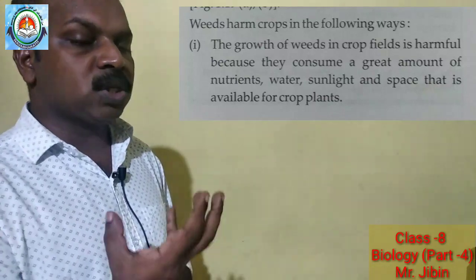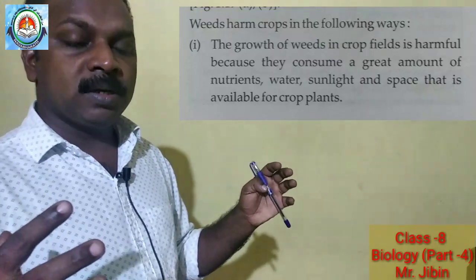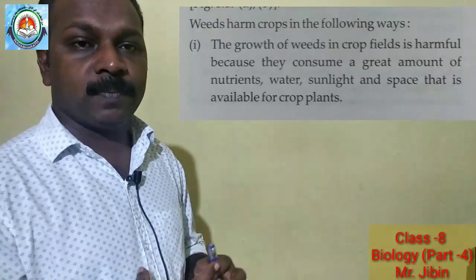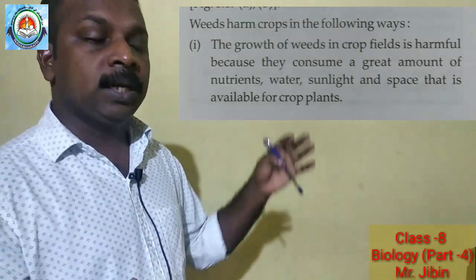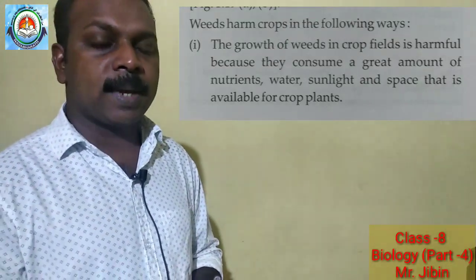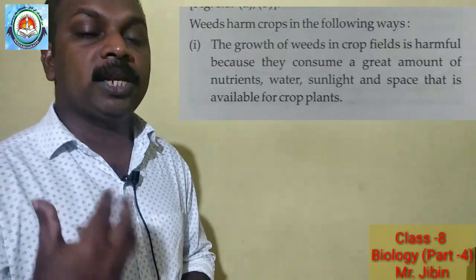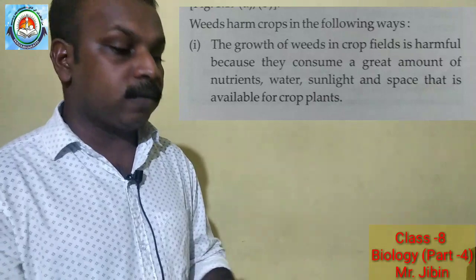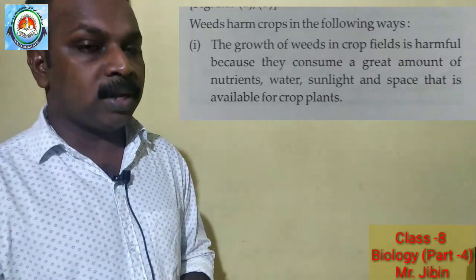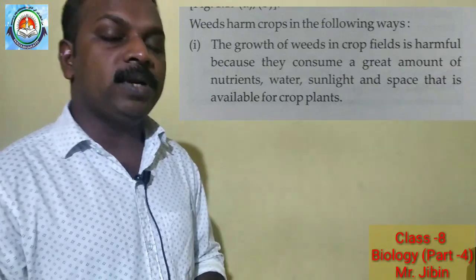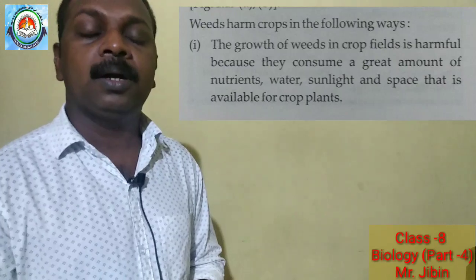When these weeds grow, they will cover or crush the crops. So these crops may not get enough sunlight, enough water, or enough space to grow. So that is the reason we have to remove all the weeds from the field, or protect the crops from the weeds.